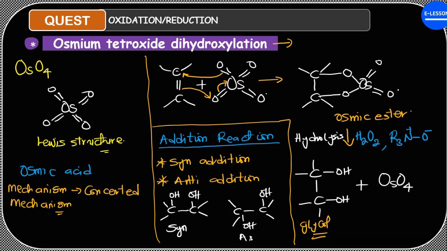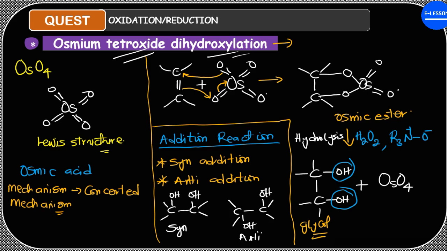The anti-addition. So the osmium tetraoxide dihydroxylation reaction is syn addition, in the sense that the 2 OH groups are added at one side of the alkene to form a glycol.